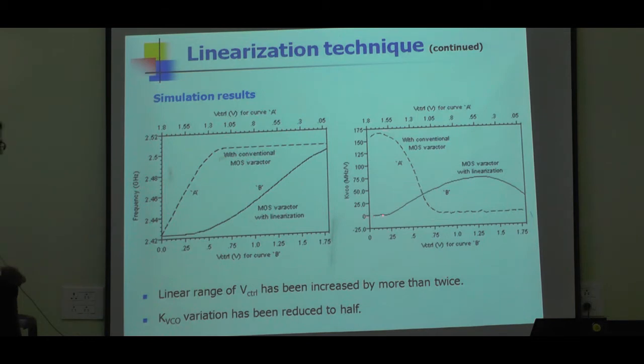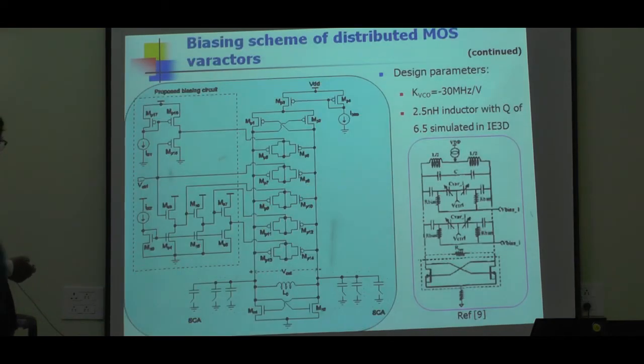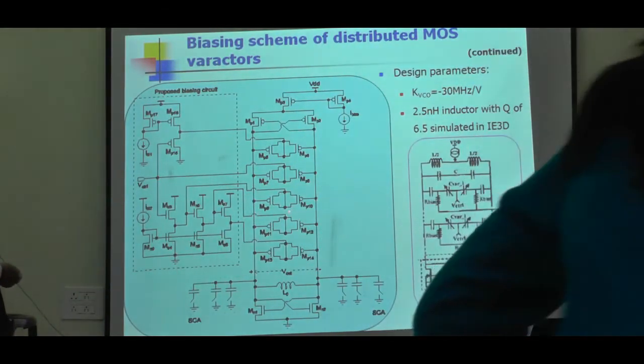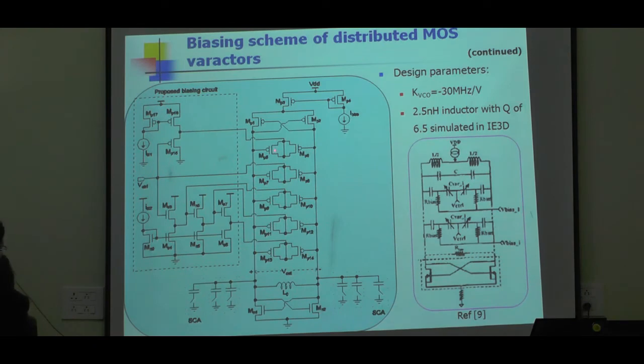But once I go for a linearization technique, the KVCO goes down below 100 megahertz, around 75 megahertz per volt. So this is how you can improve the KVCO by a linearization technique. That is one of the approaches you can follow in your design. The second one is, why not give more varactors in parallel?